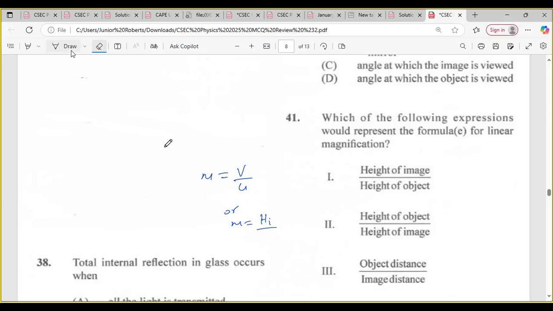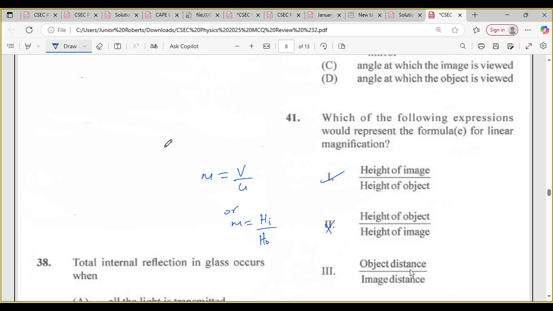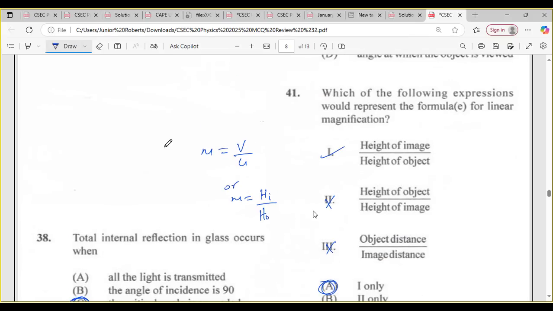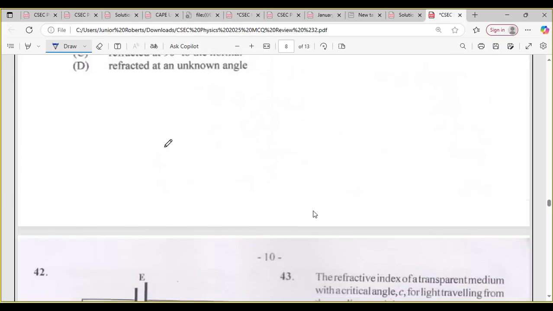So in this case, we say height of image over the height of object. This is true. Height of object over height of image, that's not true. Object distance over image distance, that is not true. So 41 would just be 1 only, so that's A for 41.